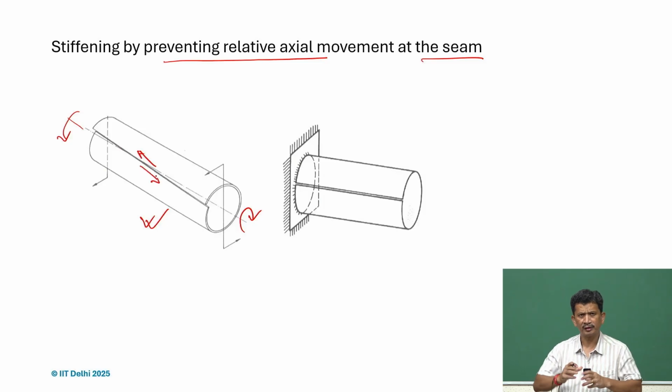There will be movement. And yes, definitely it's a compliant member. It's not rigid in torsion.